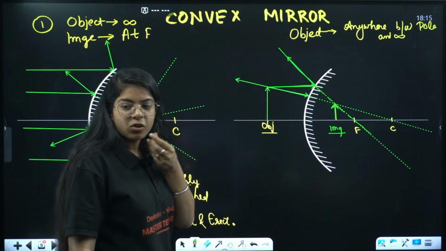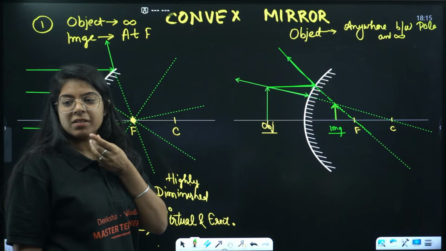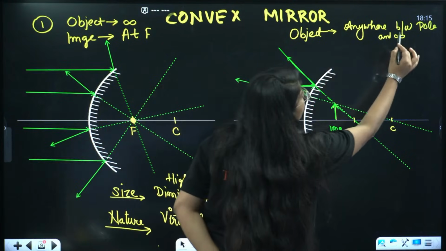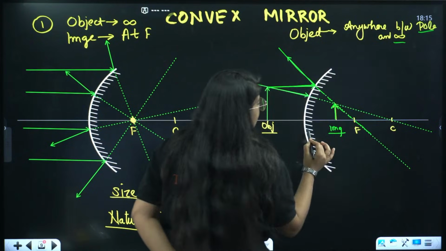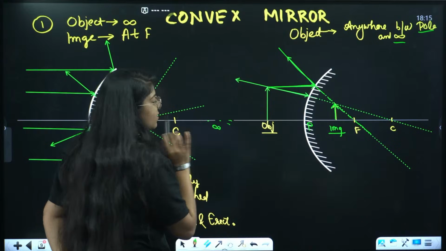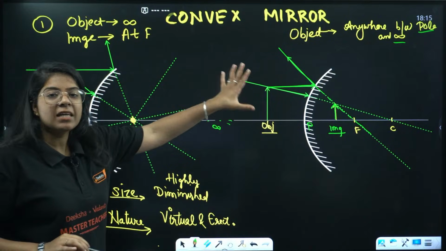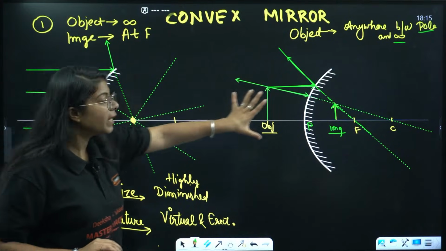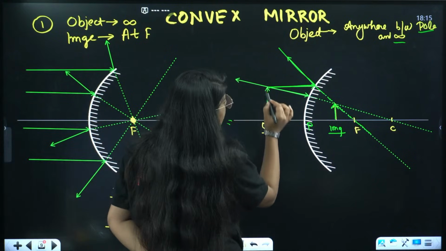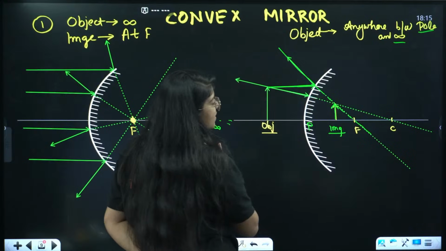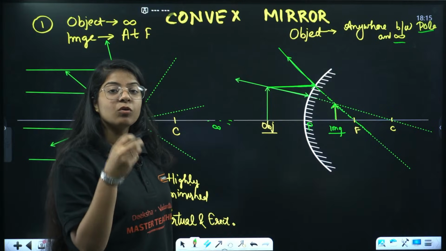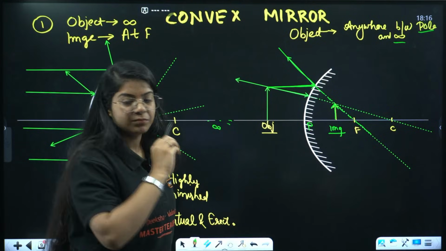The second case, okay, I'm repeating. देखो, when the object is anywhere between pole and infinity, so this is the pole of the mirror and somewhere along the line there is infinity. Now the object is placed anywhere between infinity and pole. Done. Now the first ray goes parallel to the principal axis, and we have to cleverly make the ray diagram. ठीक है.